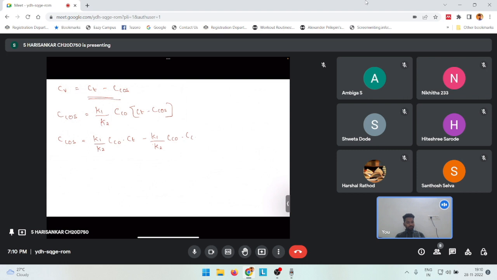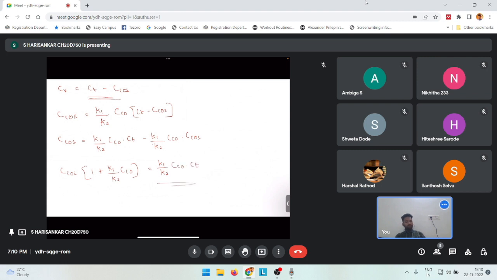Bringing it to this side, it will become CCOS into 1 plus K1 by K2 CCO, which is equal to K1 by K2 CCO into Ct.